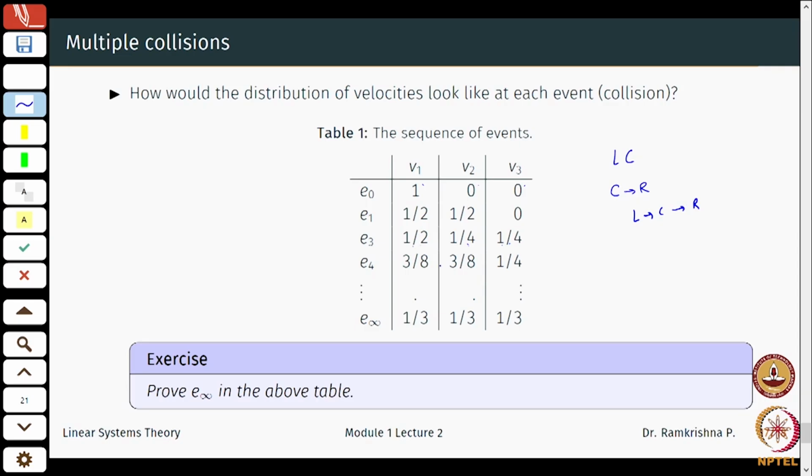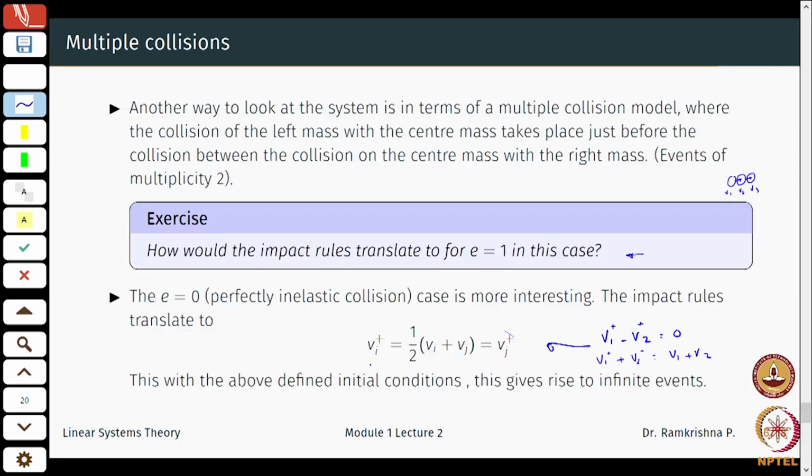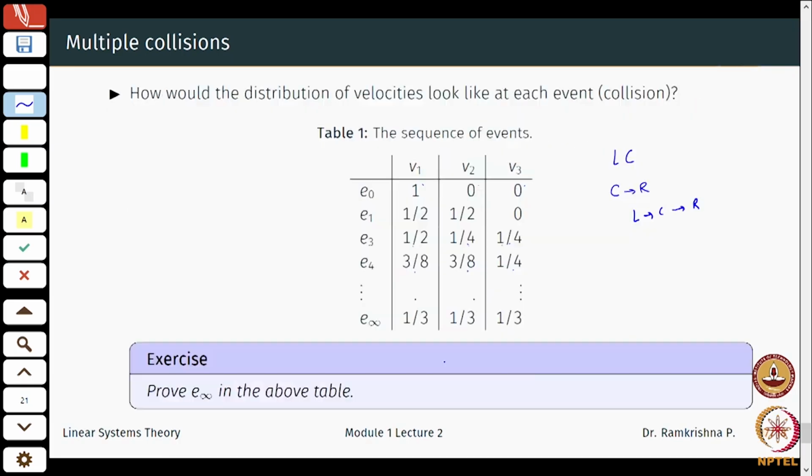And then next I have a transfer between the, so this one stays as it is, and then V2 and V1 collide on the other side. So I will have the velocities again going by this formula, and I keep on doing this. At infinity, I will have velocities converging to 1 by 3, 1 by 3, 1 by 3. You can actually derive this as a simple exercise.